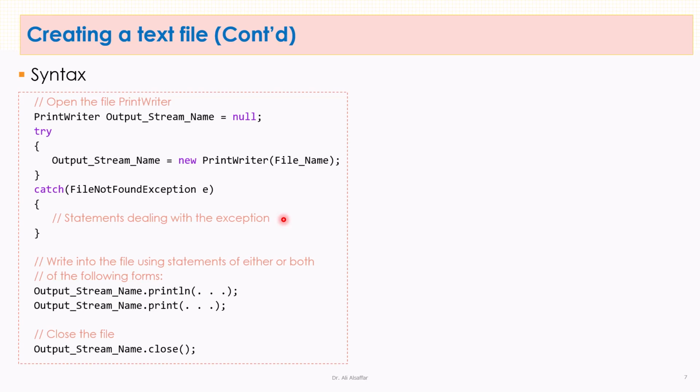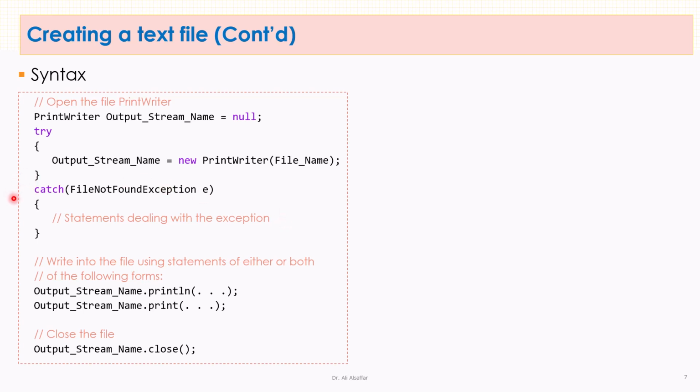Because if you do that, then it will be visible and usable only inside the try block. And when you exit the try block and try to write into the file using this variable, the compiler will complain and raise a syntax error telling you that the variable name is not found. Therefore, you must declare the output stream variable name outside the try and catch block rather than inside.